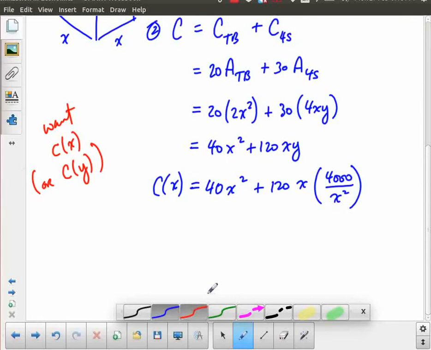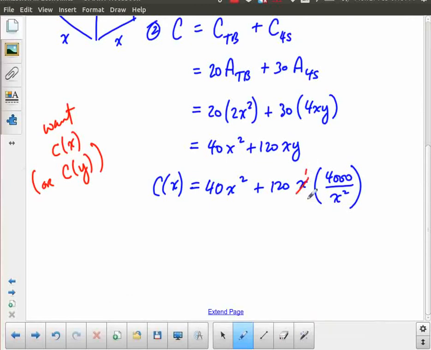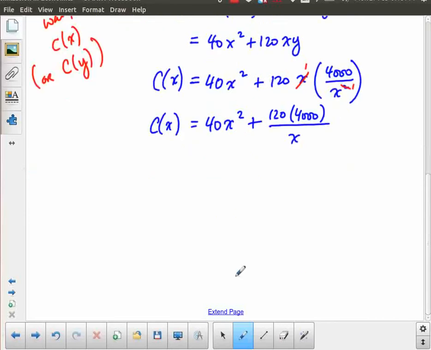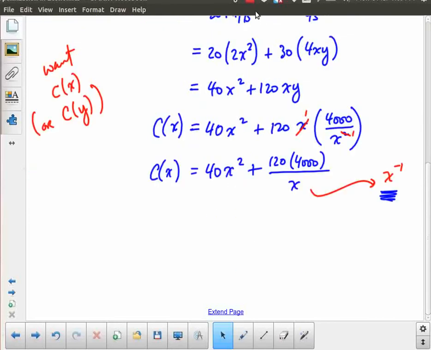And notice that in doing that, this x divides out and becomes 1, and this x squared divides out, just becoming x to the power 1. So my C of x is equal to 40x squared, and I'm going to leave that 120 times 4,000 all divided by x. If you prefer, you could bring this up and write this as x to the negative 1 for this next step where we take the derivative.